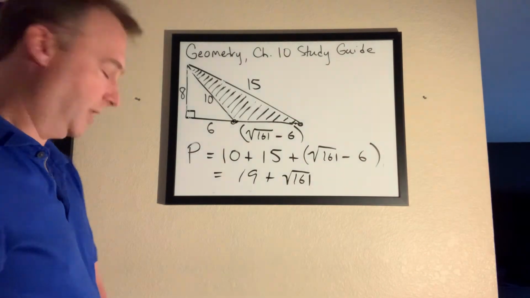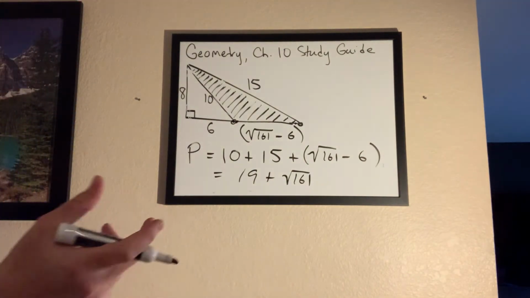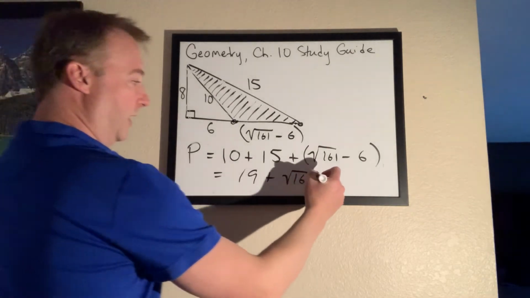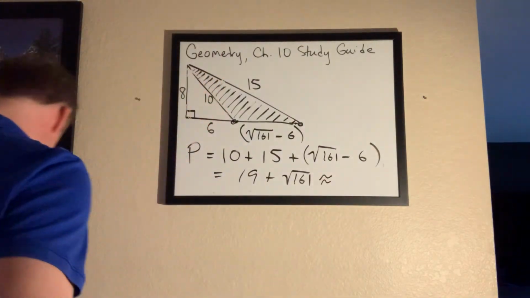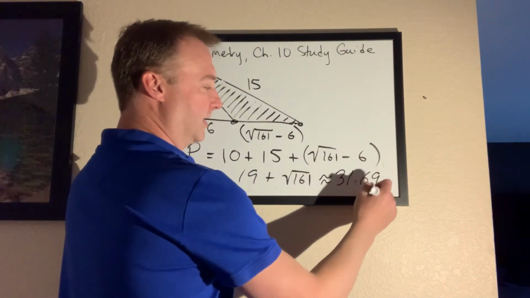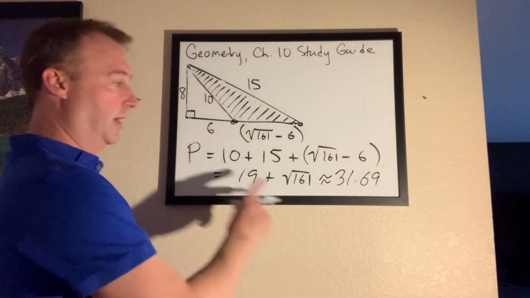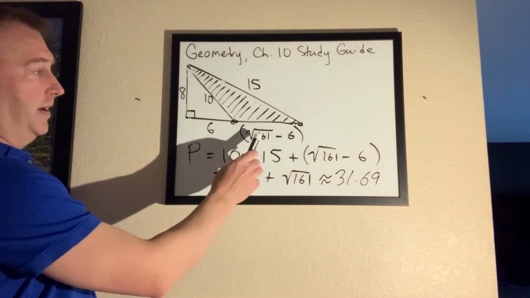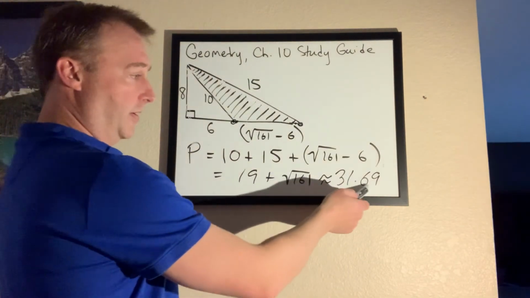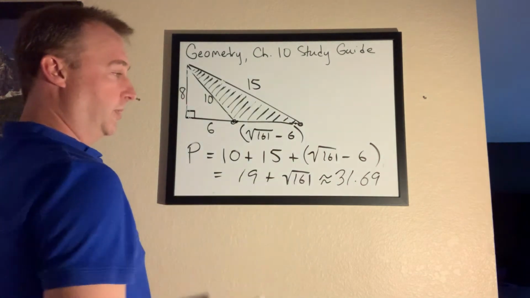Units, just units. If you calculate that to a couple decimal places, it comes out to about 31.69 units. So there's your perimeter. 19 plus root 161 would be fine, or approximately 31.69.